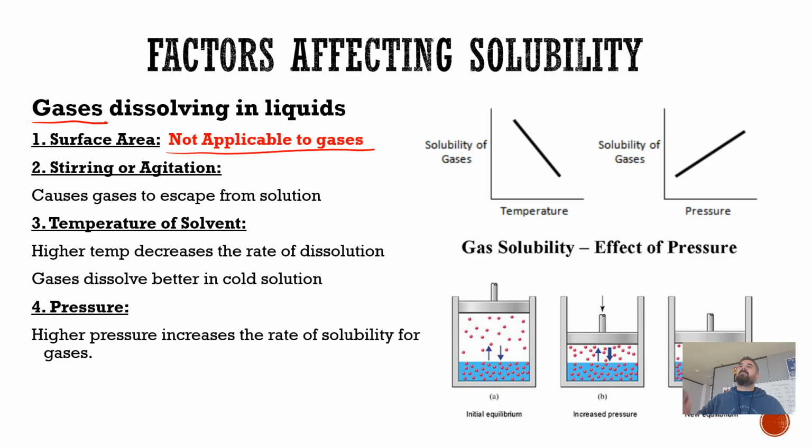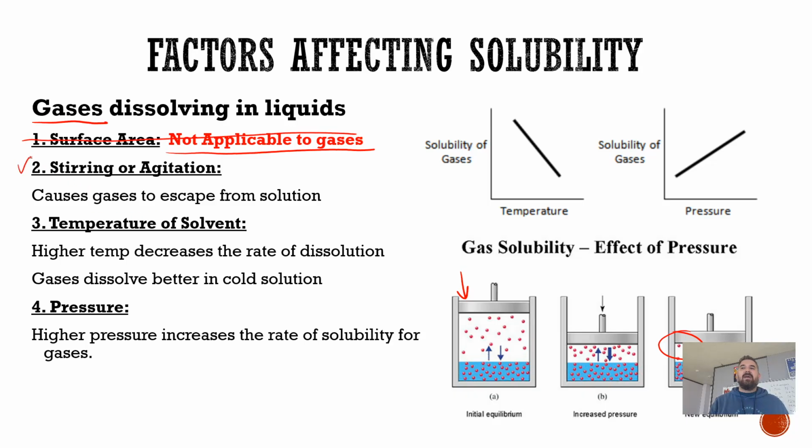All right, so looking over here, you can see that with gas particles, the entire surface is exposed. That's true for all of them. It doesn't matter how much air volume there is. Surface area has no application for gases. That's something you're going to want to know.